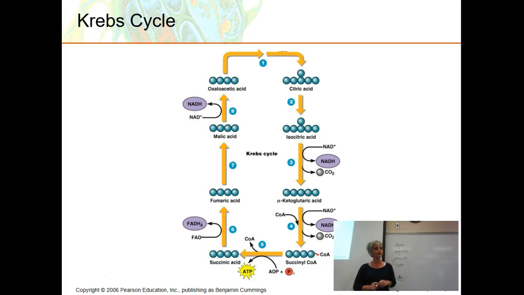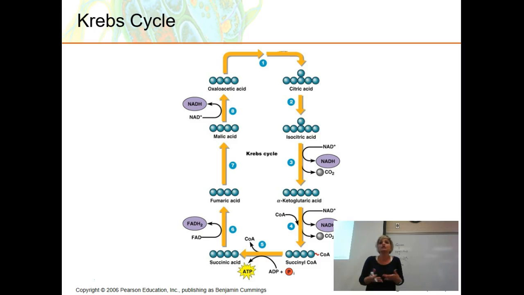I also want to point out some of the byproducts. The byproducts on here are in this lavender purple color. NADH, FADH2. What do each of those end with? Hydrogen. Remember when I told you that the oxidation reduction chemical reactions we were going to focus on utilize hydrogen as the electron to move.